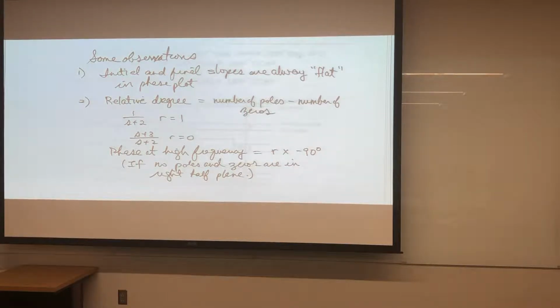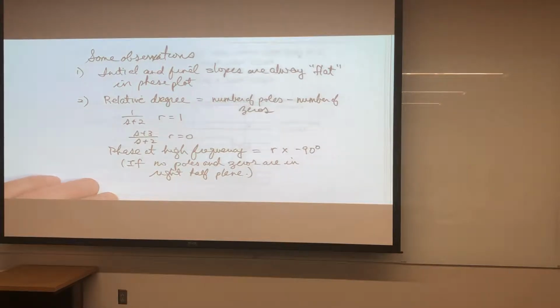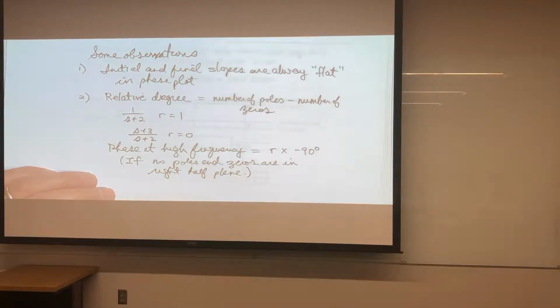Let me make a comment about that. This is one complication of the phase plot that one needs to be aware of. In some ways, the phase plot is easier than the magnitude plot, but here's where there's a complication. So basically, this issue here, poles and zeros in the right half plane, you get the tip-off is negative signs.